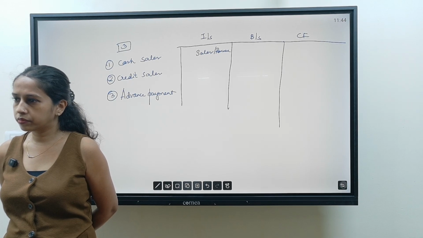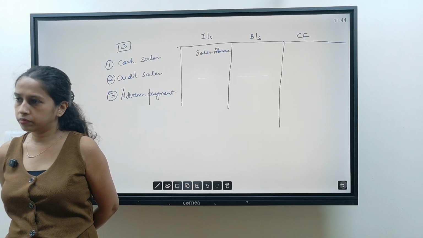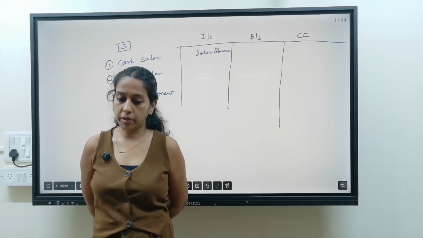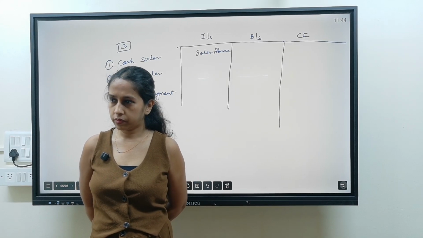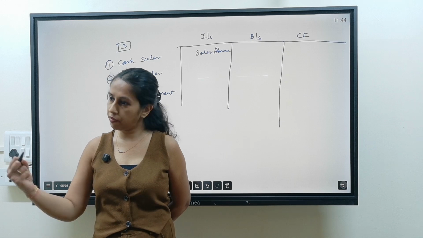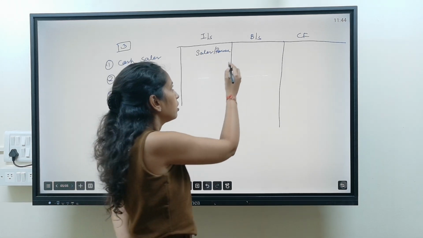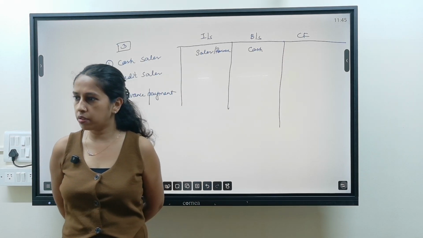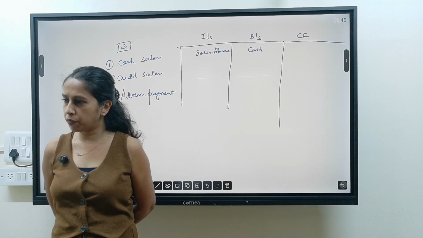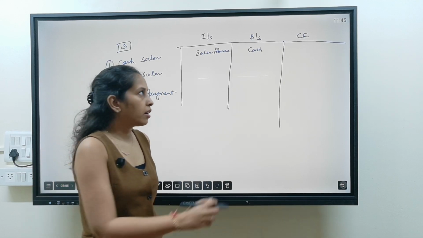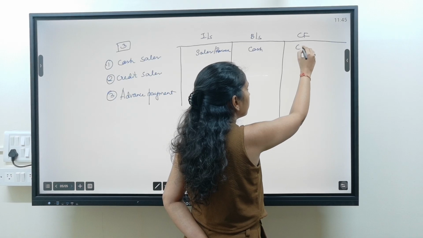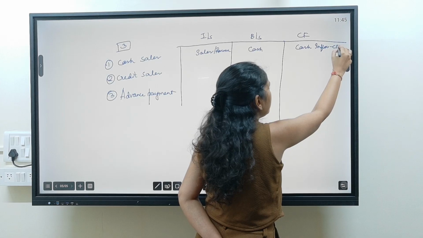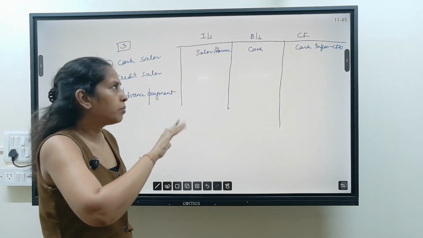Because if we sell any product, we get the income. Where? Tell me the line item. Cash. So in the balance sheet we'll record cash. Will it impact the cash flow statement? Yes, a cash inflow from operating activity. So all of these will be CFO.